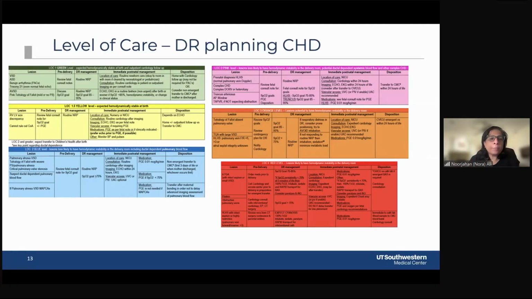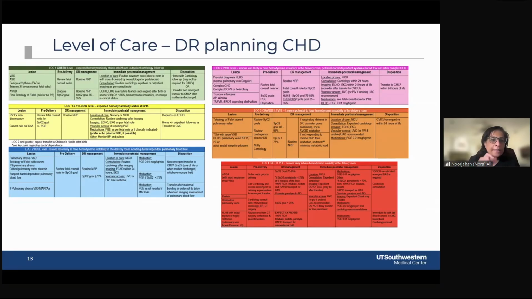What we ended up doing was similar to what Dr. D'Onofrio had proposed, putting our lesions in different buckets. And we didn't want to be too prescriptive of what to do in the delivery room. And again, keep in mind, this is pre-NRP cardiac, as in just a year.